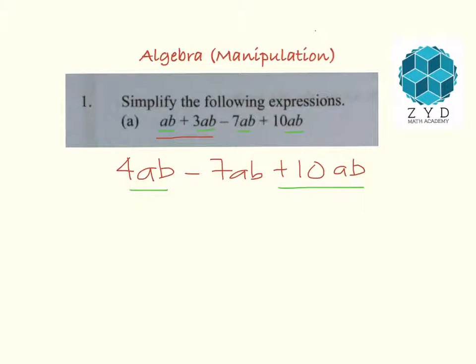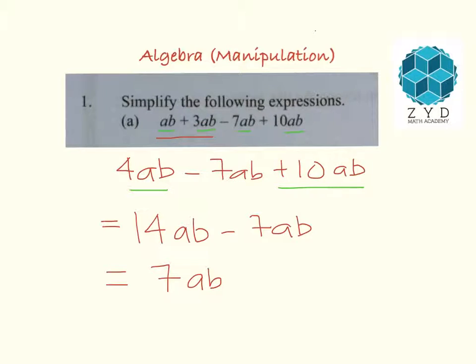This will give me 14AB minus 7AB, and the answer is obviously 7AB. This is just one method in simplifying this expression.